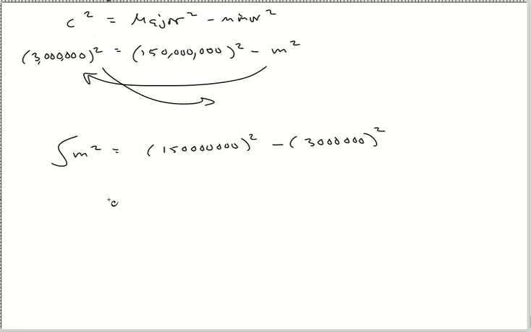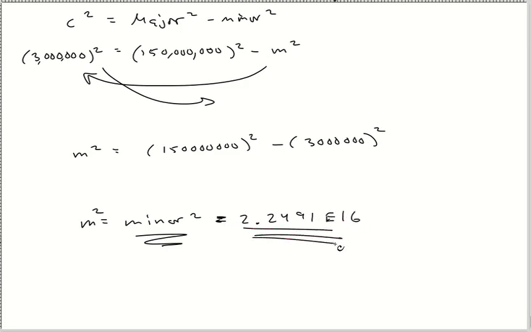Let's back up a little bit. I'm not going to square root them because it doesn't really matter. So m squared, my minor squared, because I'm going to just plug it straight into the formula here in a second, is 2.2491e to the 16. So there's one of your answers.